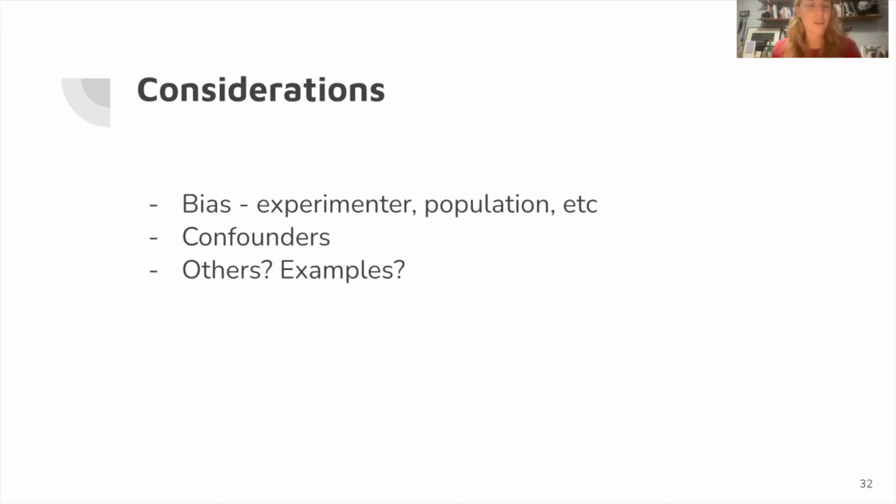Can you guys think of any other considerations that often pop into your brain when you're designing experiments to make them more robust? I was just thinking about safety. Oh, yeah. Safety for the people doing the experiment?